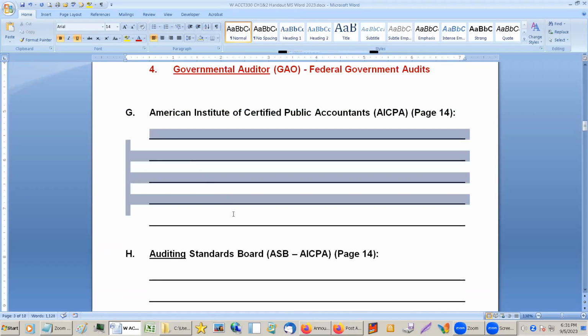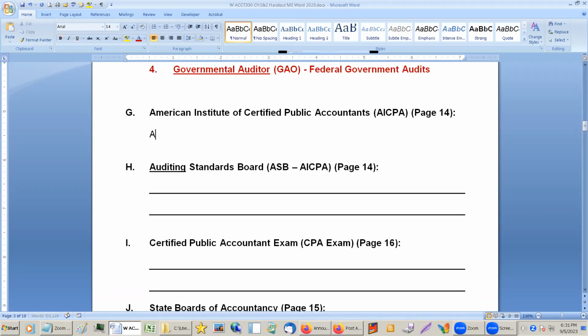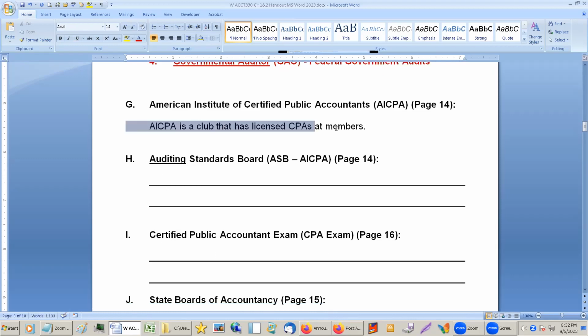All right, the AICPA, the American Institute of Certified Public Accountants. The AICPA is a club that has licensed CPAs as members.